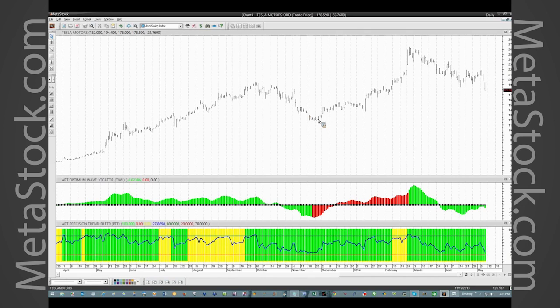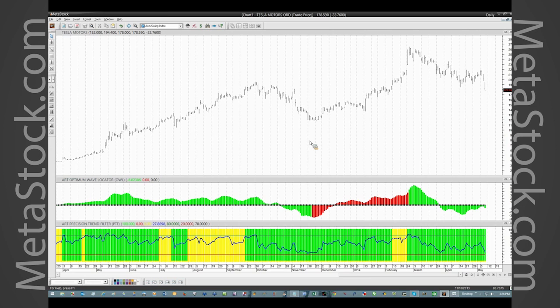It's basically saying we've had a downtrend here, and this is a stagnant market moving to the upside, finally breaking out here, which is where it turns green. But the main way in which you want to use the owls is if it's above the zero line, all right, you can take a bullish trade provided the PTF is at least yellow or green. That's the key thing, okay?